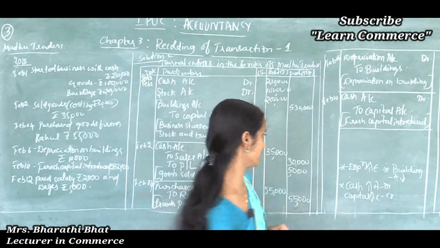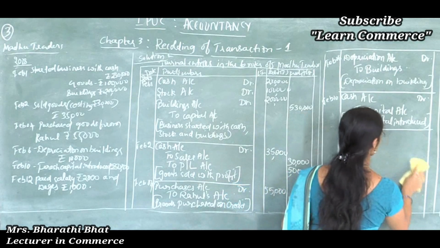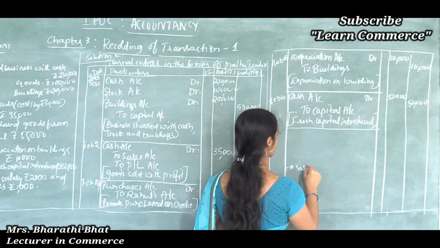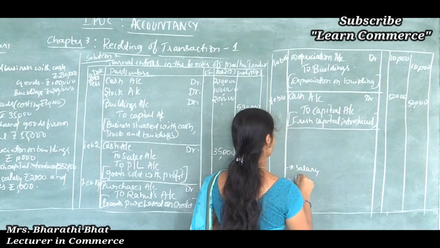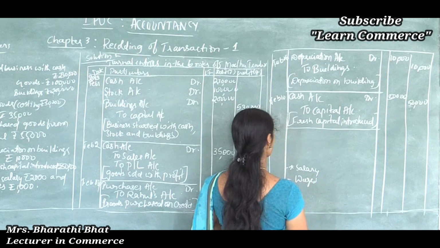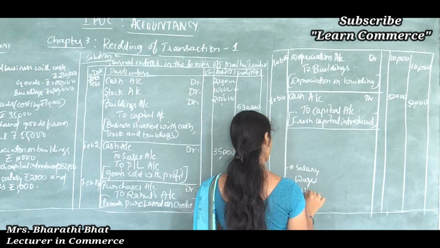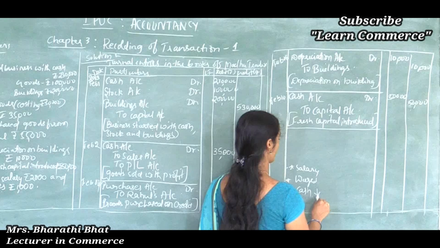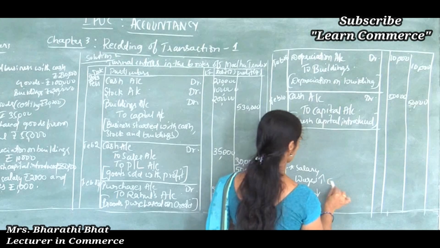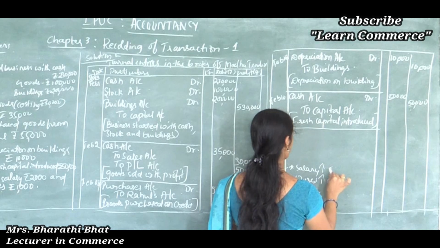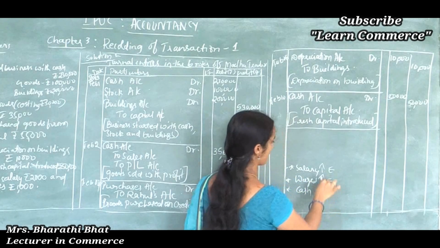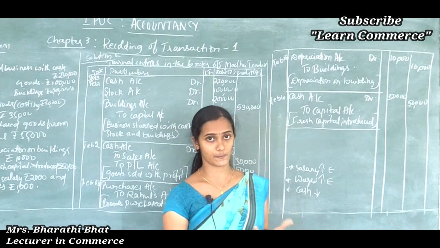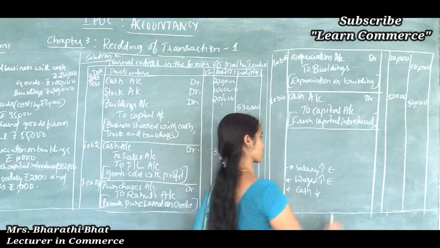Three accounts are included: salary, wages, and cash, because to pay salary and wages we have to pay cash. Cash shows decreased value. Wages and salaries come under expense accounts and show increased value.